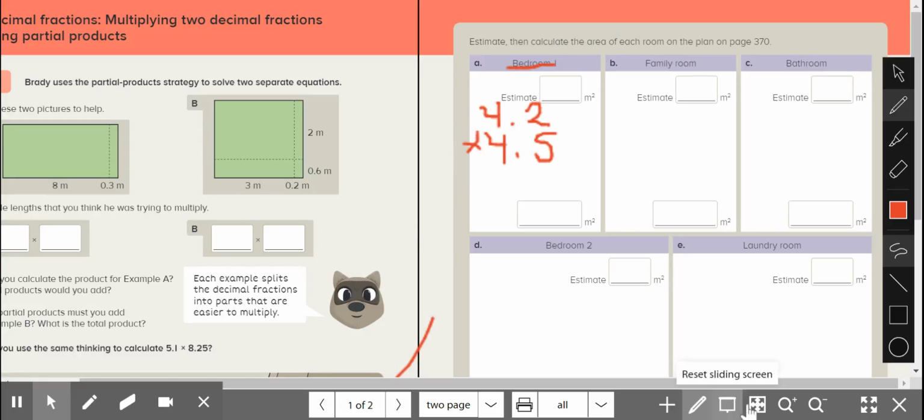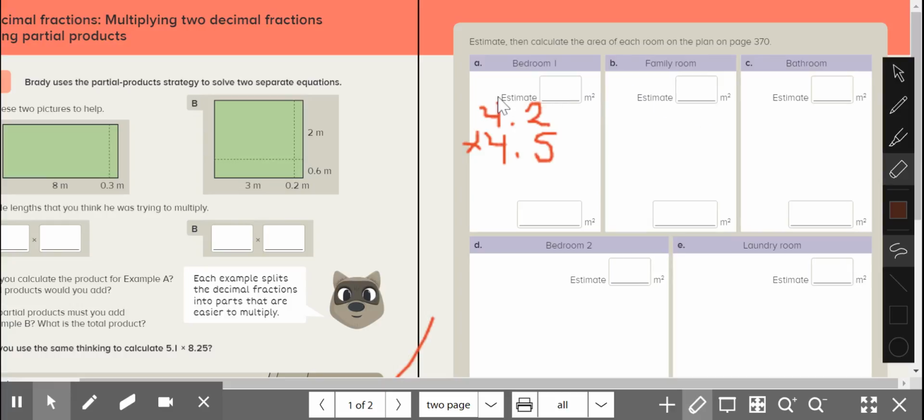Now, I don't want to leave out this top word. It asks us first to estimate. If you're working in a house, you'll have to use this tool of estimating to understand how much of a product you need to order, or be close to how much product you'll need.